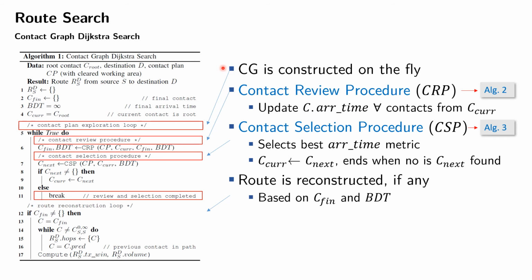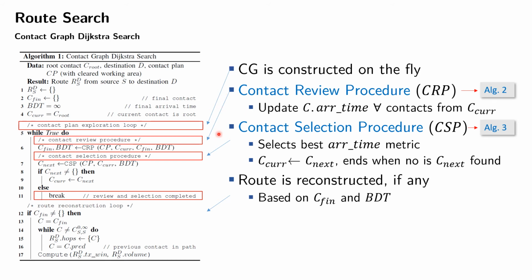So namely, there is a way of exploring the contact plan, which is basically a list of contacts, in such a way that during this exploration, you're constructing this contact graph, and you can explore the different structures so that you can execute what is called a contact review procedure at the beginning, and then a contact selection procedure.